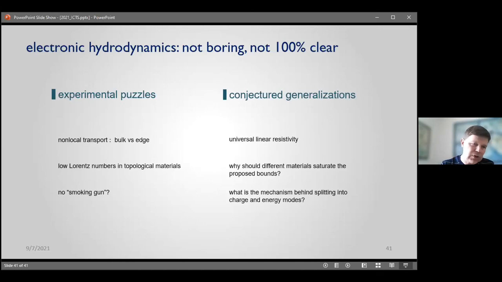And so then you can use this in order to reduce your collision integral to what we call the 3-mode approximation. And then within this 3-mode approximation, you can completely solve the kinetic equation. And this way you can obtain all these microscopic expressions for viscosity, conductivity, and so on, right?